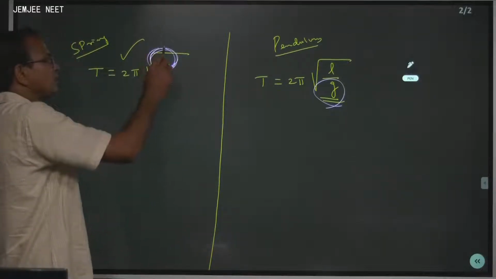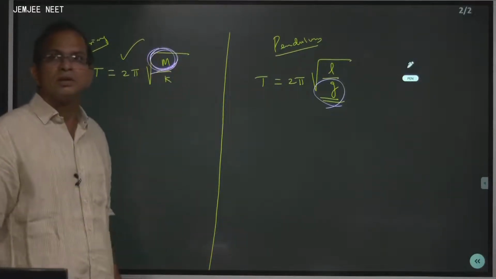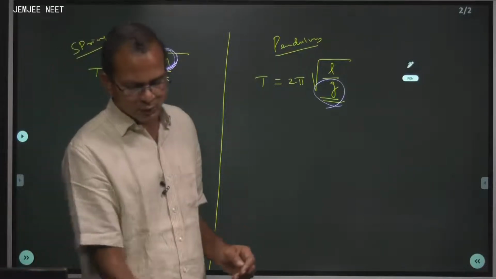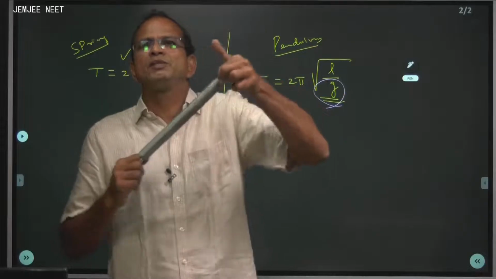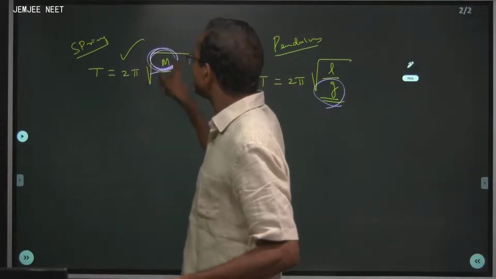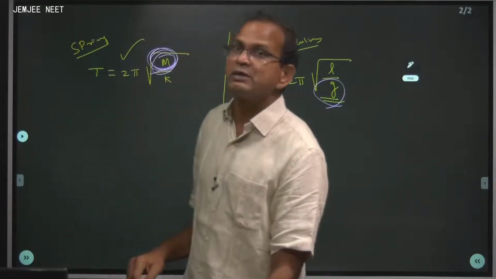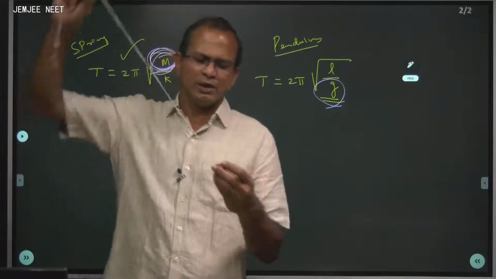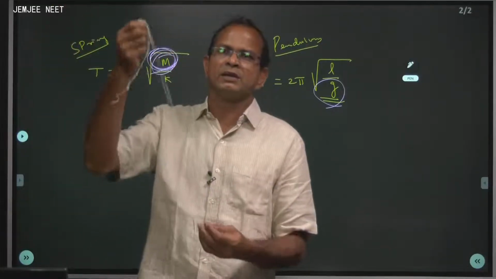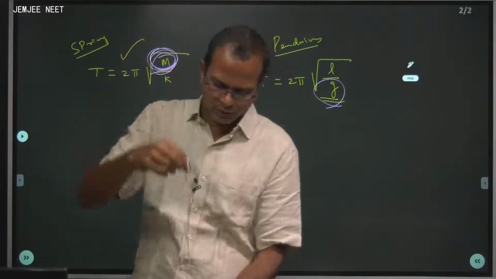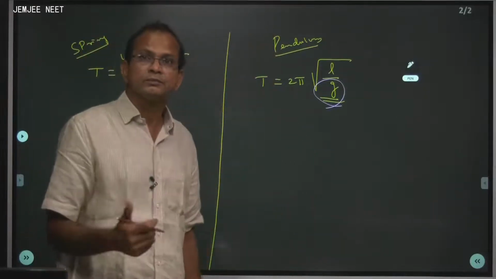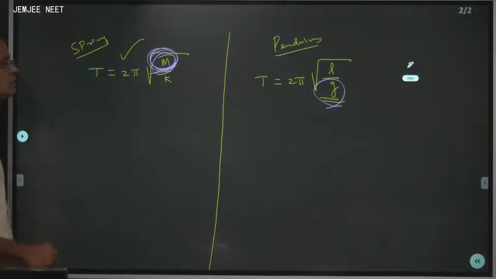No, it depends on mass attached. So in the spring, whether you attach 1 kg or 2 kg makes a lot of difference in the time period, because it depends on mass. Whereas in the case of simple pendulum, whether you have 1 kg or 2 kg makes no difference. For 1 kg bob, the same result. Even for 2 kg bob, the same result. Got the point?